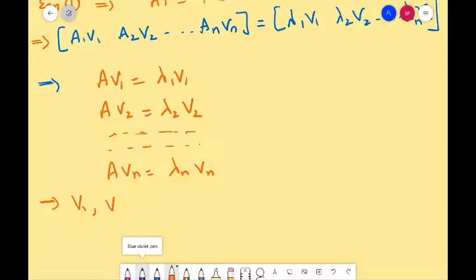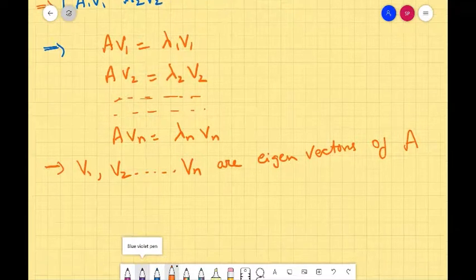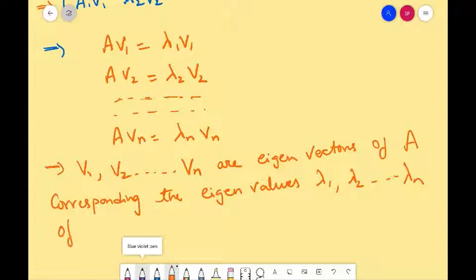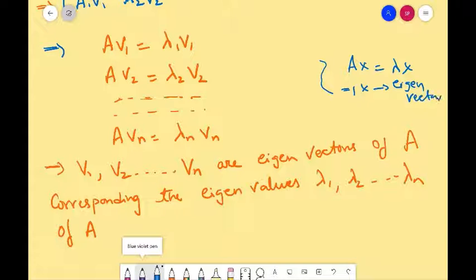That implies V1, V2, and so on Vn are eigenvectors of the matrix A, corresponding to the eigenvalues lambda 1, lambda 2, and so on lambda n of A. Because by definition, Ax is equal to lambda x implies x is an eigenvector and lambda is an eigenvalue.